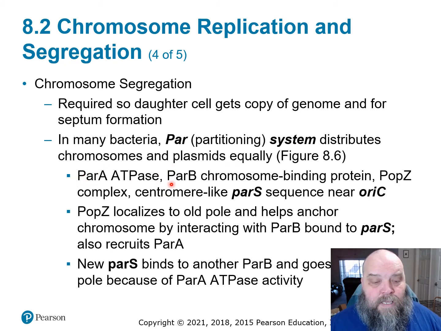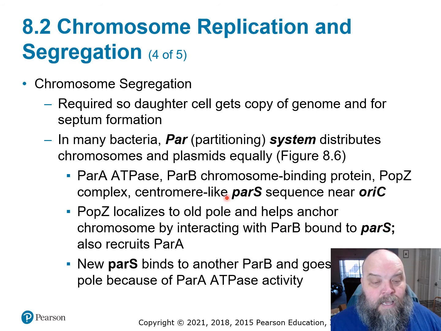ParA, an ATPase, ParB, which is a chromosomal binding protein, PopZ, ParS, all of these will coalesce and form a complex around oriC. PopZ will localize to an old pole, anchoring one of the chromosomes there via ParB bound to ParS.